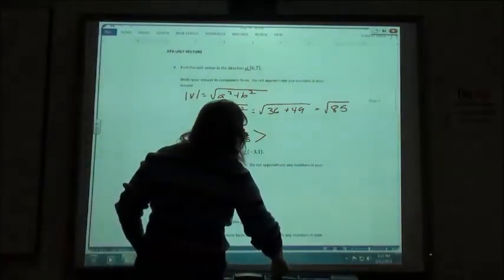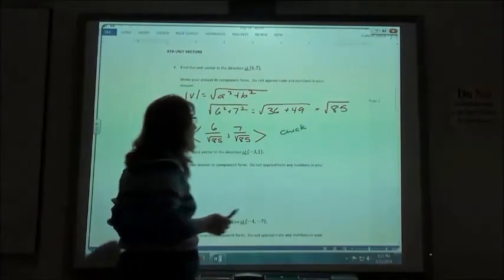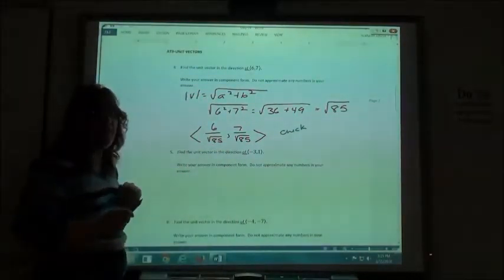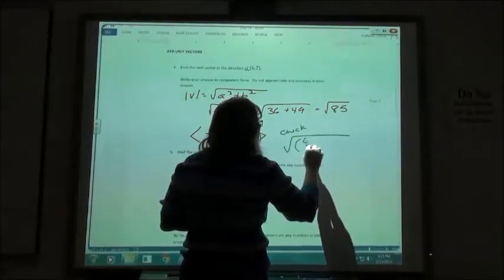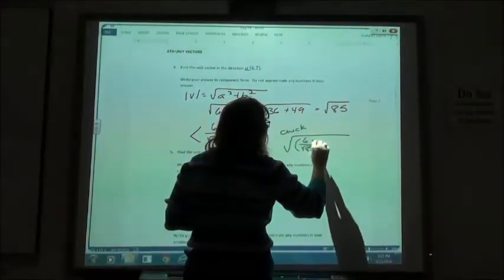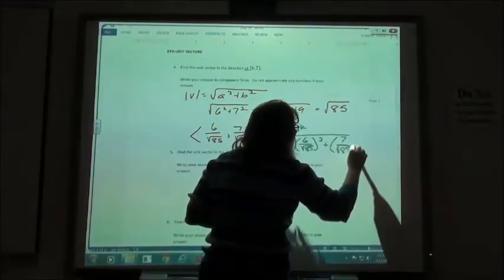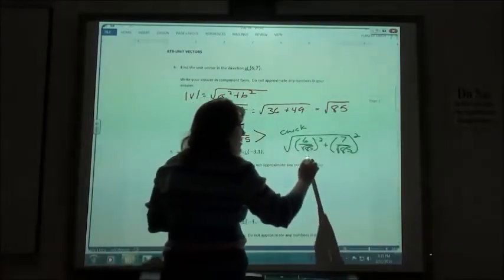Just checking that out, we said that if it is a true unit vector, the magnitude of our vector would be equal to 1. So I would say, okay, if I did 6 over the square root of 85 squared plus 7 over the square root of 85 squared, I should get an answer of 1. 6 squared is 36.